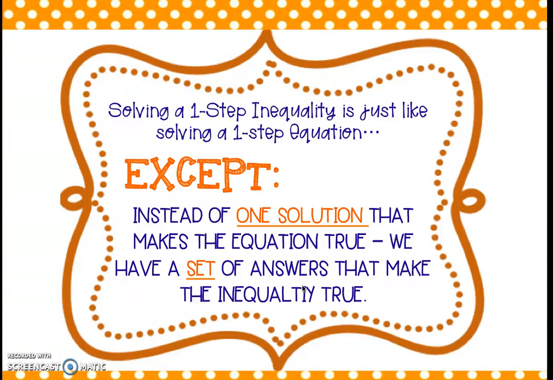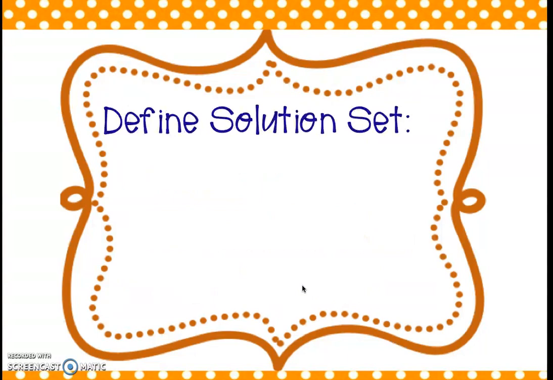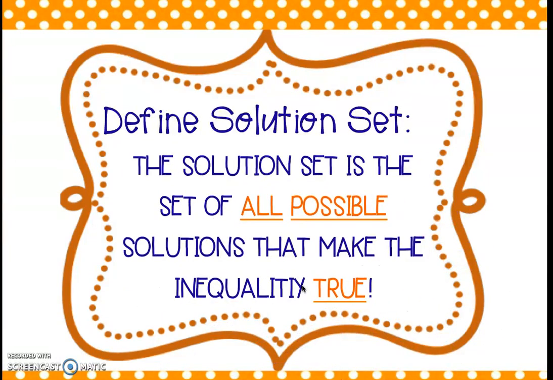So this is called the solution set. On your paper, the solution set is the set of all possible solutions that make an inequality true. It is just a written down set that includes every single possible answer.